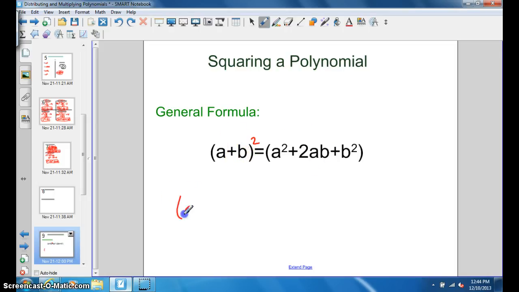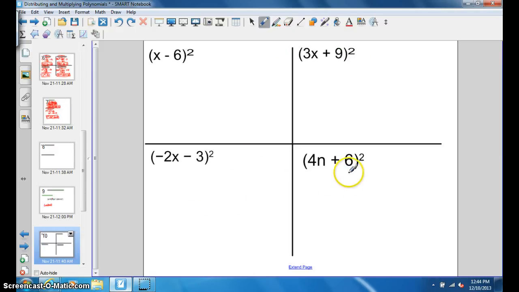We can also look at this as a plus b times a plus b. Just like saying 2 squared is 2 times 2, a plus b squared is a plus b times a plus b. And then you can just FOIL it and you'll end up with something that looks like this. So here we have x minus 6 times x minus 6.